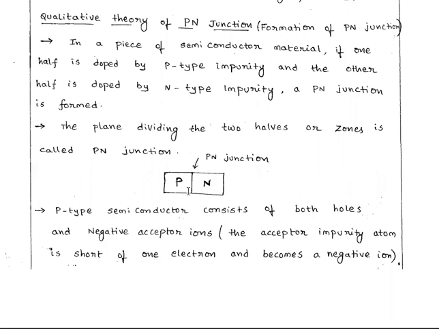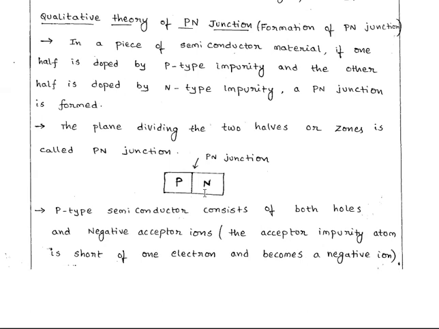They have one vacancy of electron, that is, they have one hole. So they are immediately waiting to accept an electron.